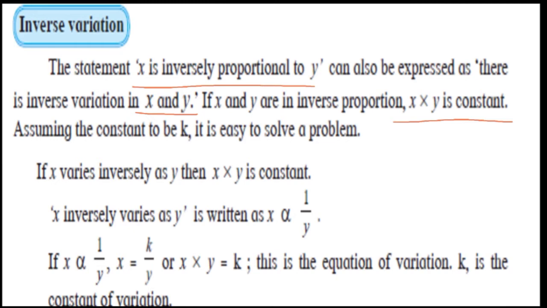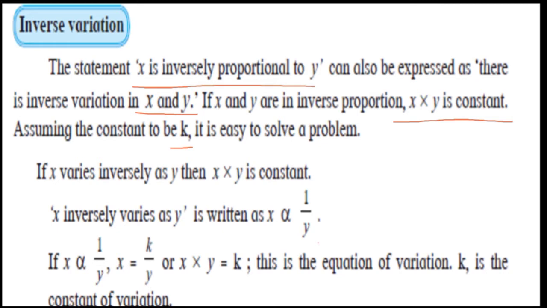Assuming the constant to be k, it is easy to solve a problem. If x varies inversely as y, then x multiplied by y is constant. X inversely varies as y is written as x proportional 1 upon y.